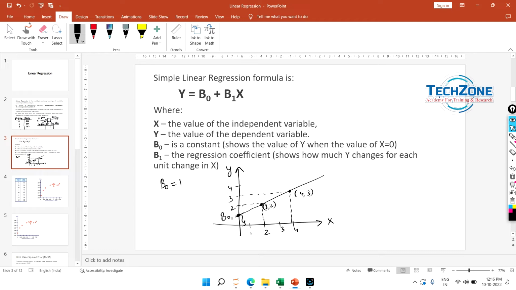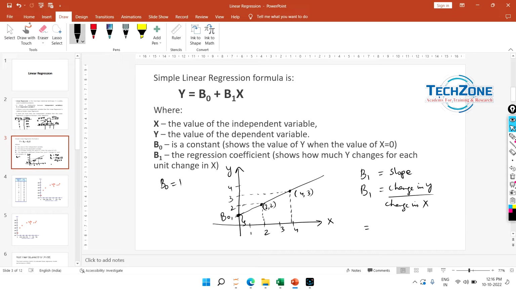That is the value of b1. We have learned this in high school. b1 is nothing but the slope of the straight line, that is change in y divided by change in x.